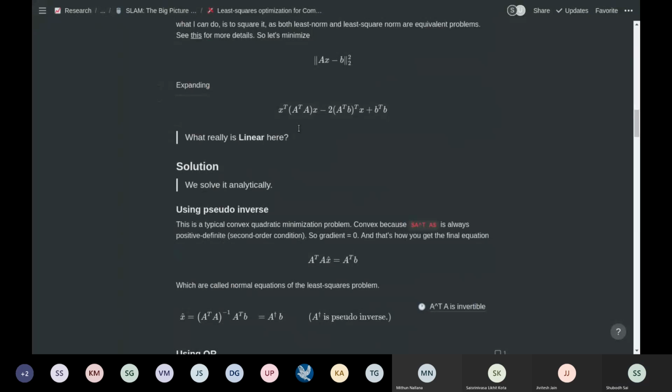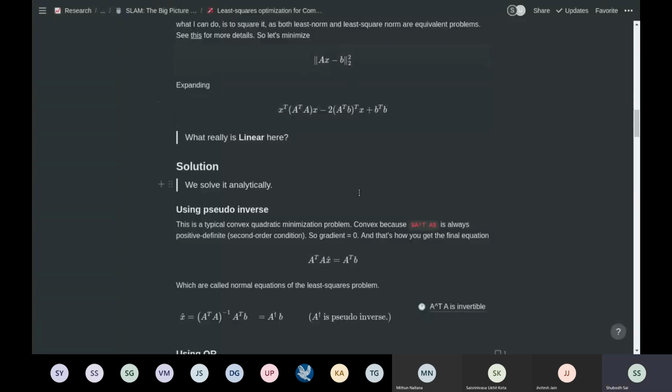So if you get a positive definite matrix, the second order condition of convexity says if the second derivative is always positive definite, then it is a convex problem and I can just take the first derivative and equate it to 0.